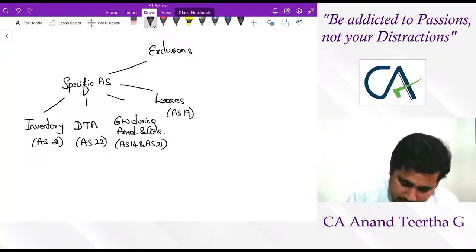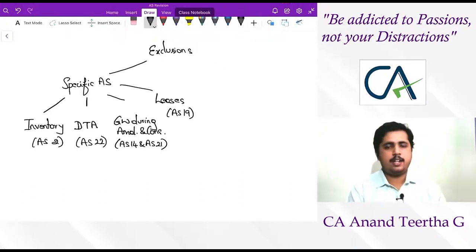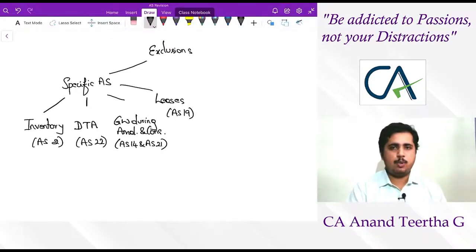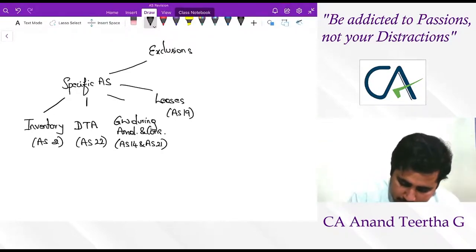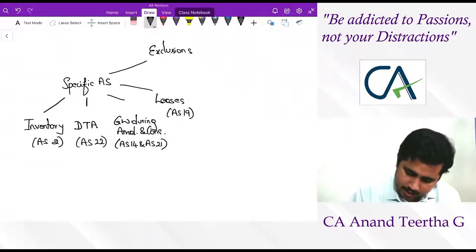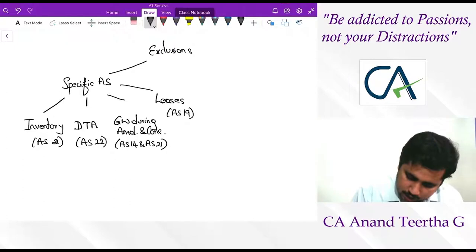Next, there is a second major exclusion, which is financial assets. If there are any financial assets, they are not covered by AS 26. Then mineral rights are not covered. Then insurance contracts with policyholders are not covered.